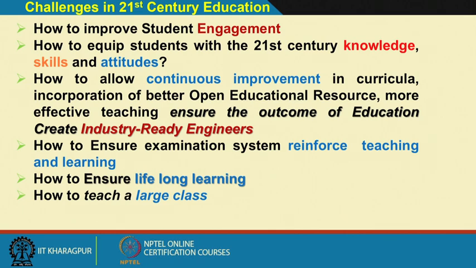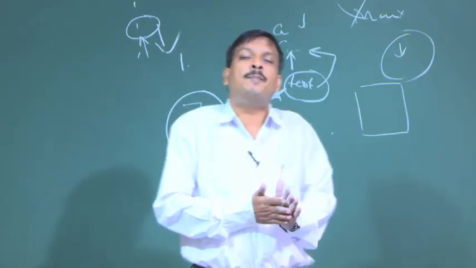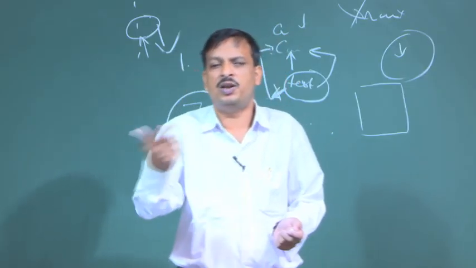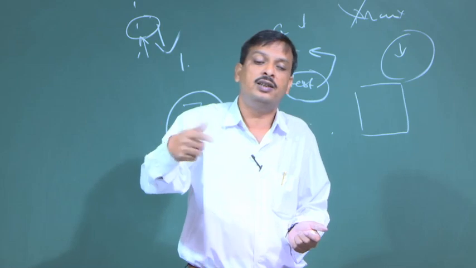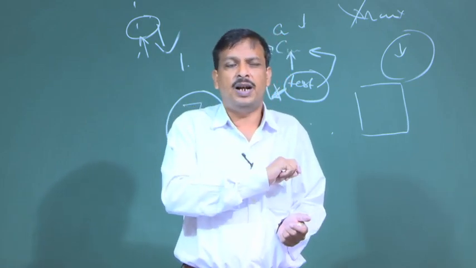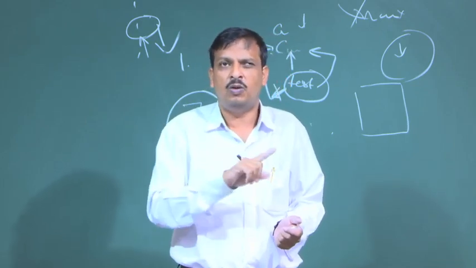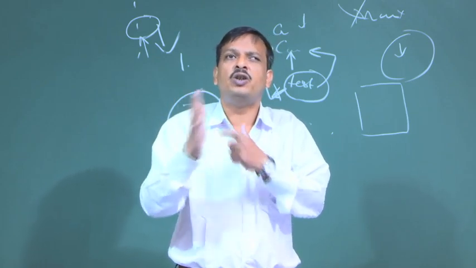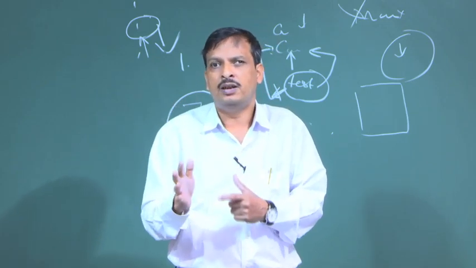Next is how to teach a large class. This is the biggest problem. People say the best teaching is one-to-one teaching, private tutoring, where I teach one student, I can see their face, I can go back and forth, and I ensure that learning has happened.